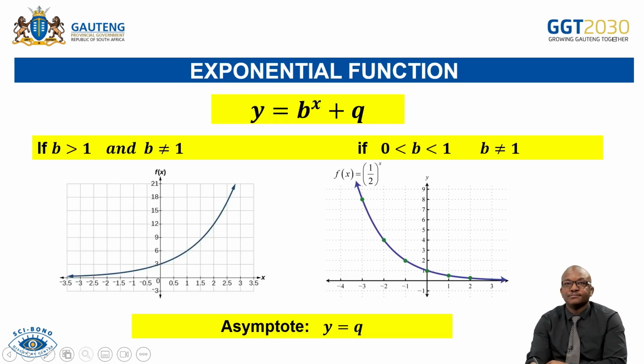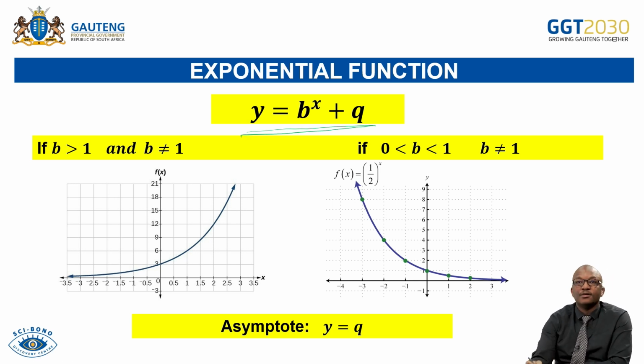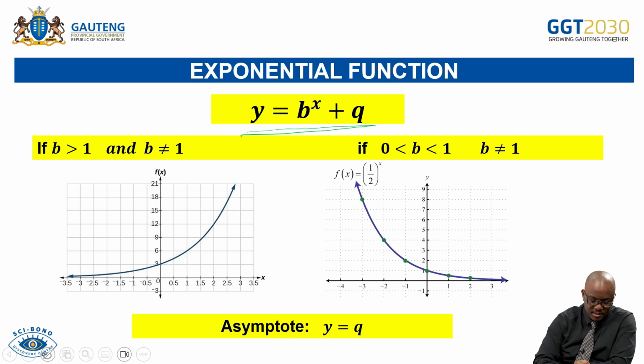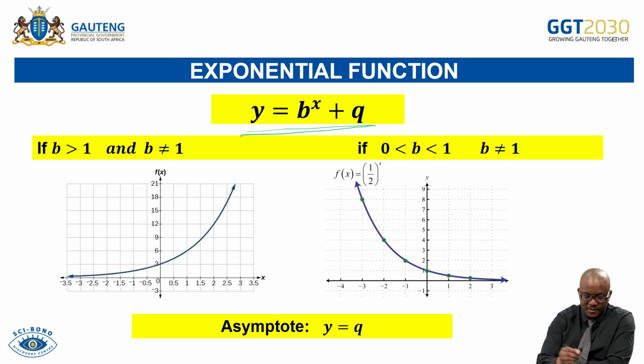So now let's look at our exponential function. We know that the equation of our exponential function is given by y is equal to b to the exponent of x plus q. Then we're now looking into the effect of b on our graphs.